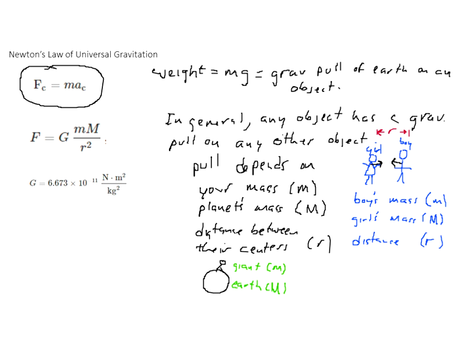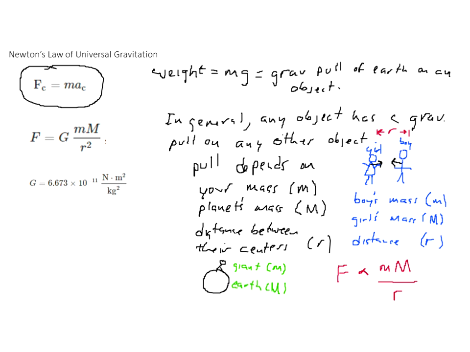So we've determined that that force is proportional to the mass of one object, proportional to the mass of the other object. And now what about distance? It seems to make sense that the farther apart they are, the less that force is going to be. When we increase something and then its effect decreases, that's an inverse law.